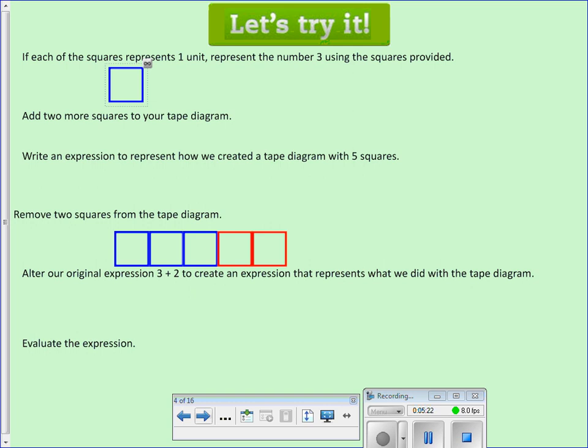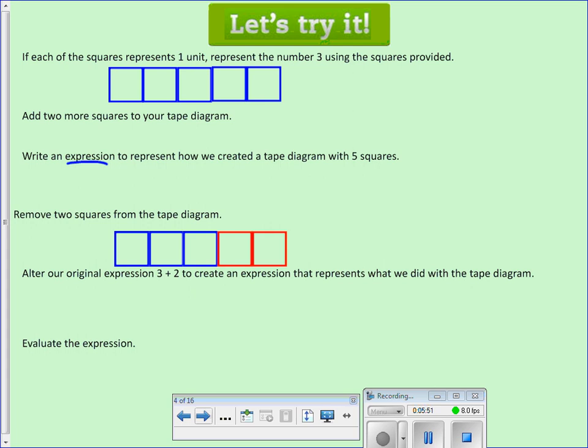So if each of the squares represents one unit, represent the number 3. So 1, 2, 3. Okay. Now they want us to add 2 more squares to it. So 1, 2. So write an expression to represent how we created a tape diagram with 5 squares.